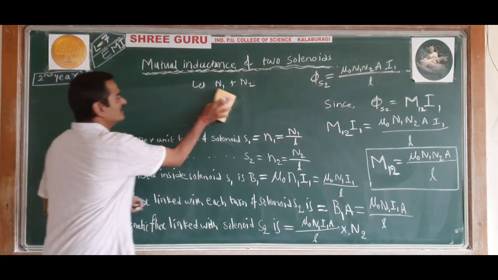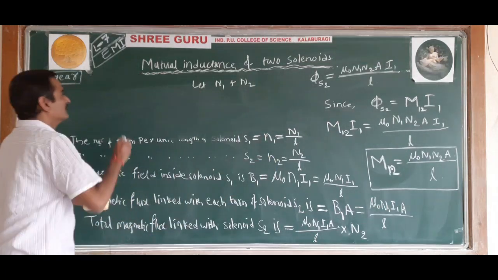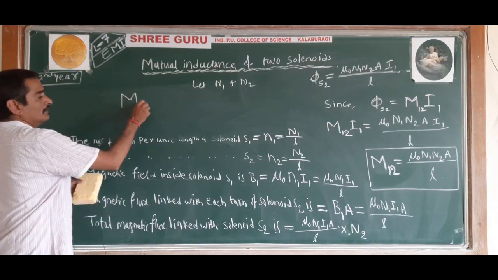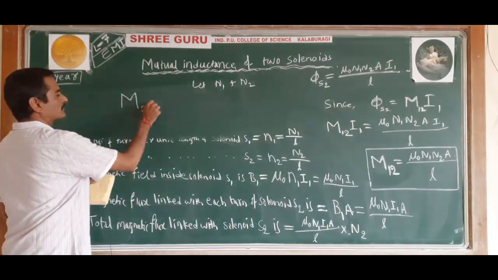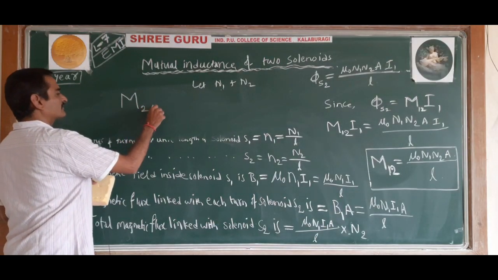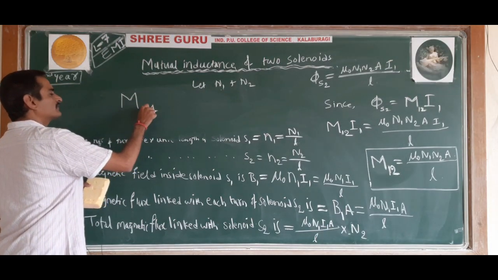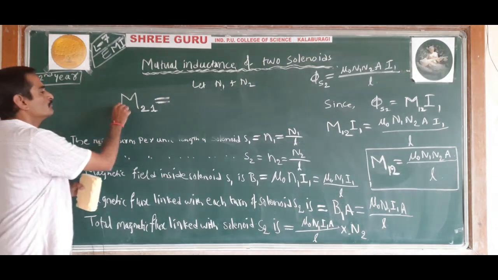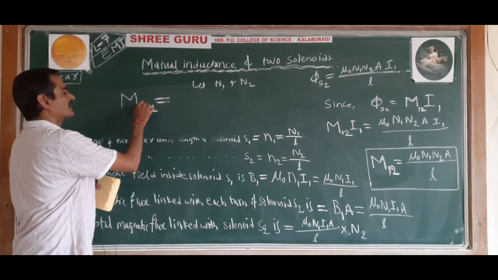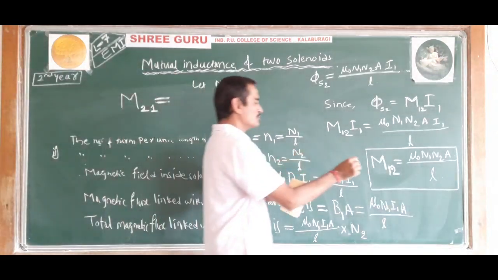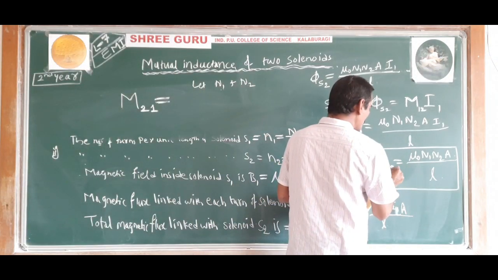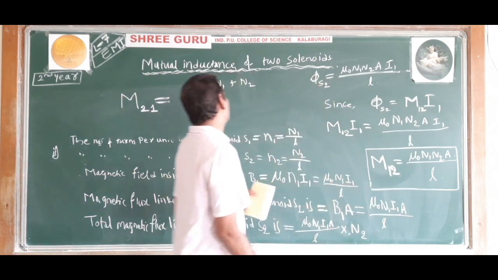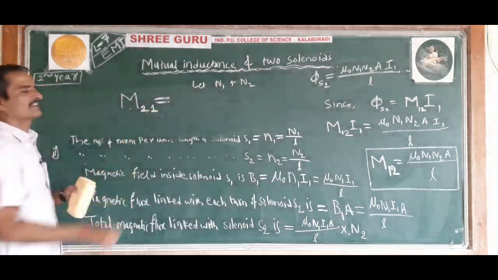Similarly, you can derive the mutual inductance of the first solenoid with respect to the second solenoid, that is M21. What is M21? Mutual inductance of the first solenoid with respect to the second solenoid. This one is the mutual inductance of the second solenoid with respect to the first solenoid.